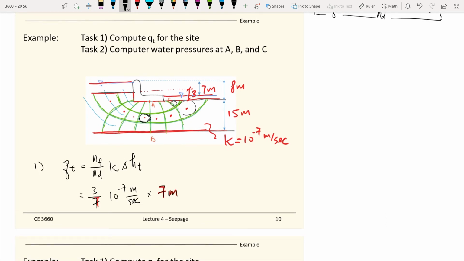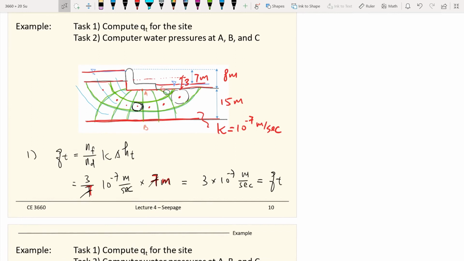So after we do our math, this cancels out, and our total amount of flow will equal 3 times 10 to the negative 7 meters per second. So that is the total amount of flow, and that would be our answer for task number 1.